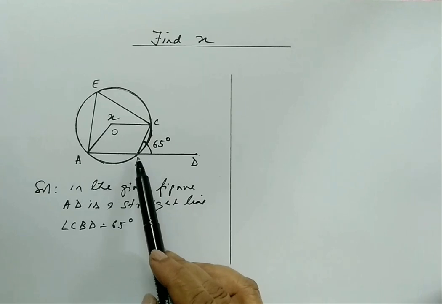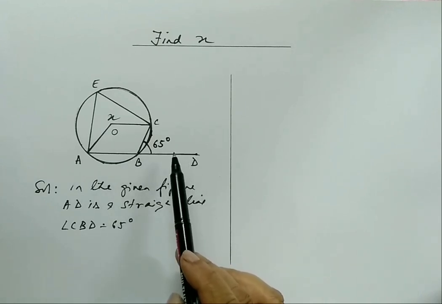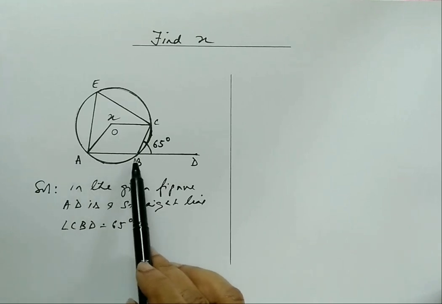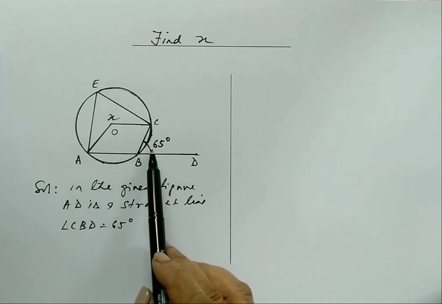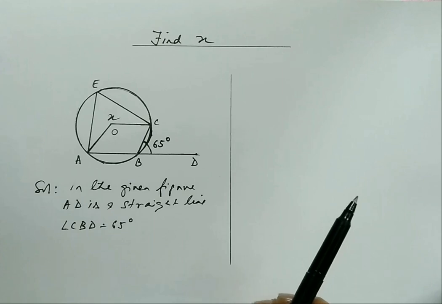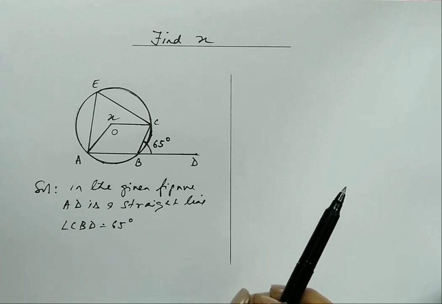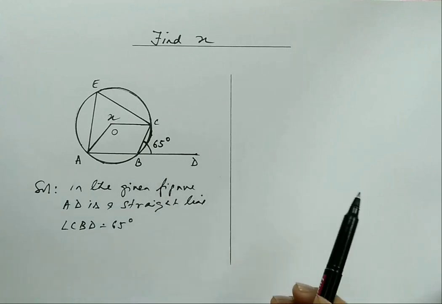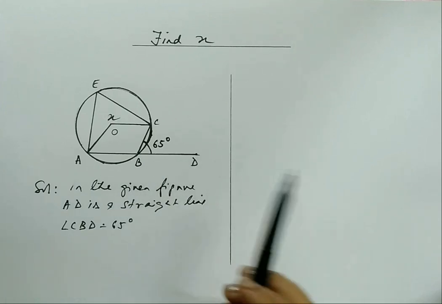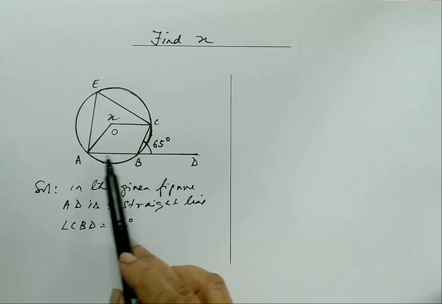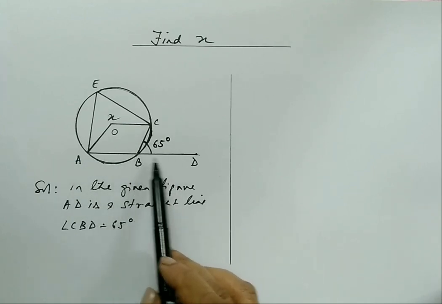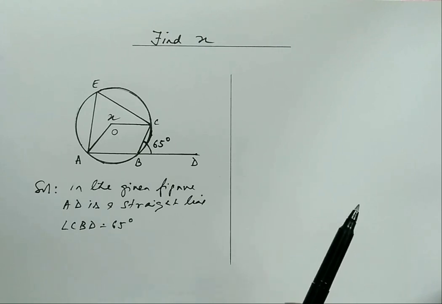Now, let us start with whatever information we have in hand. Since angle CBD is equal to 65, can we not say that angle ABC will be the linear pair of 65 degrees? Because after all, AD is a straight line, B is a point on it. So ABC and CBD must sum up to 180 degrees.